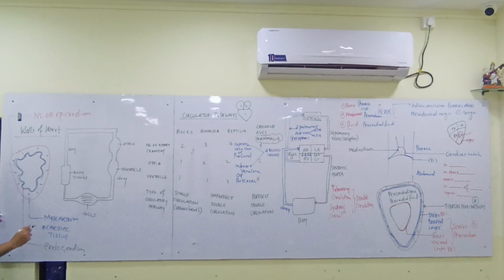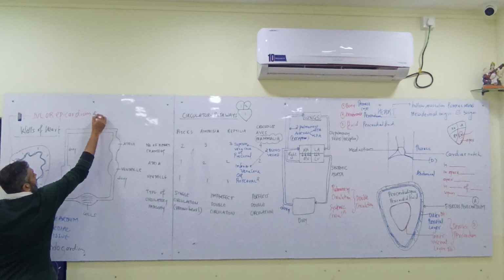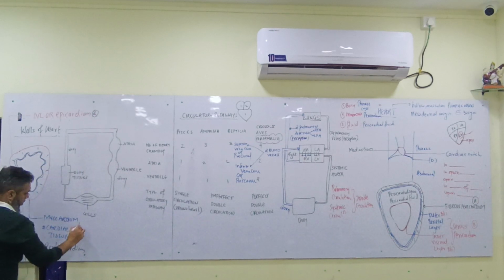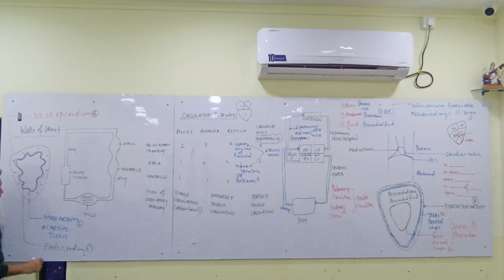So what are the three layers from outside to inside? Epicardium, myocardium, endocardium. And the middle space is called the lumen, which is filled with blood. So when the myocardium contracts, the blood will be pushed out. As the myocardium relaxes, the lumen will get filled.